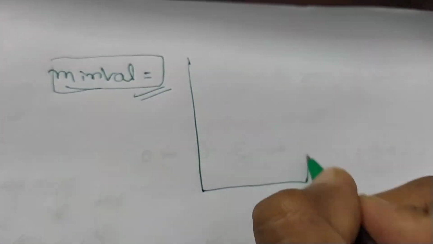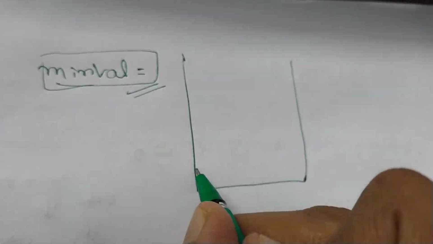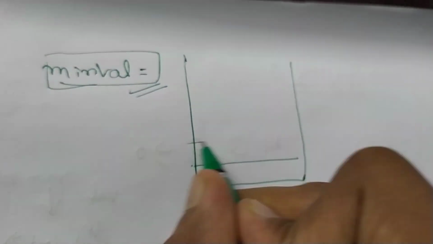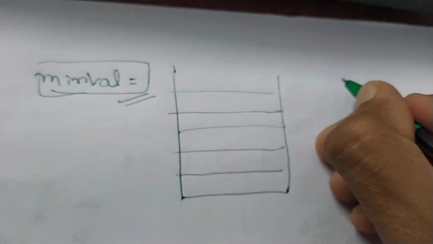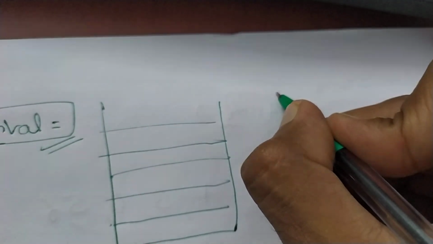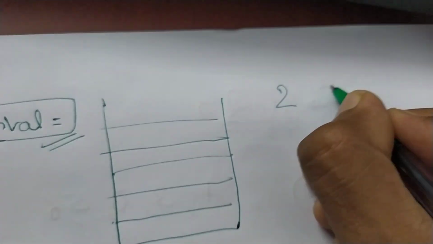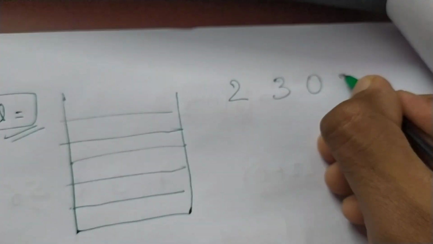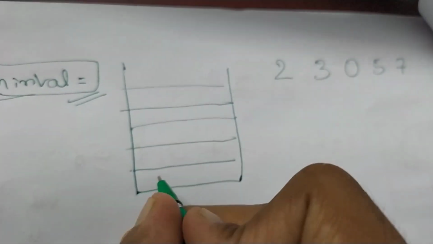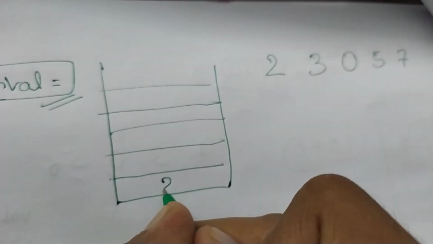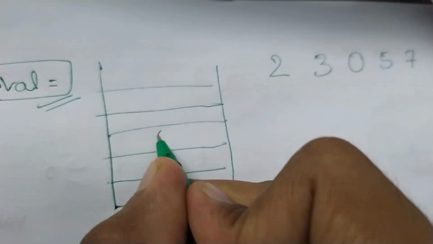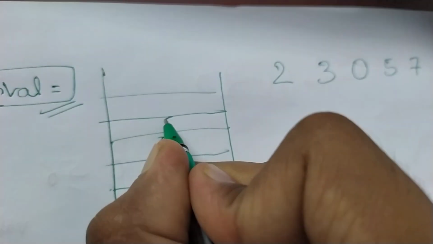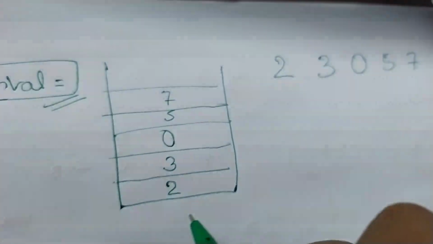But implementing this is not as straightforward as it sounds. Let's take another example: 2, 3, 0, 5 and 7. First we have inserted 2, then 3, then 0, then 5, and then 7.